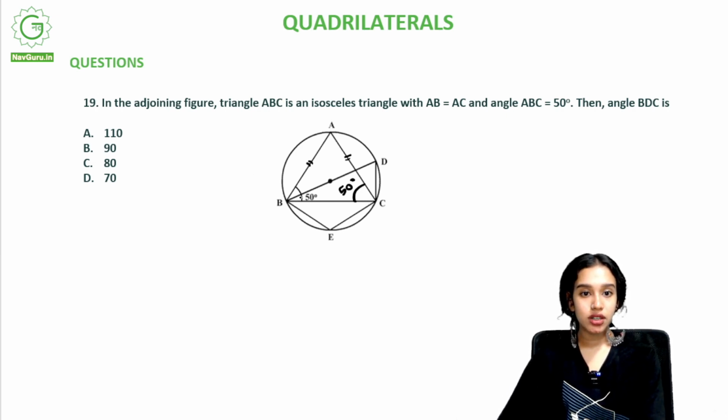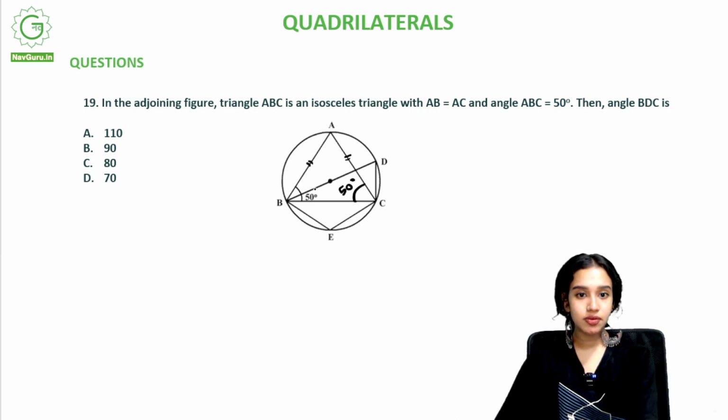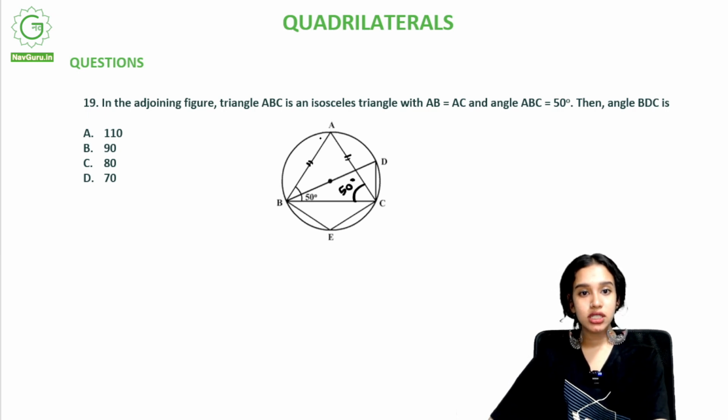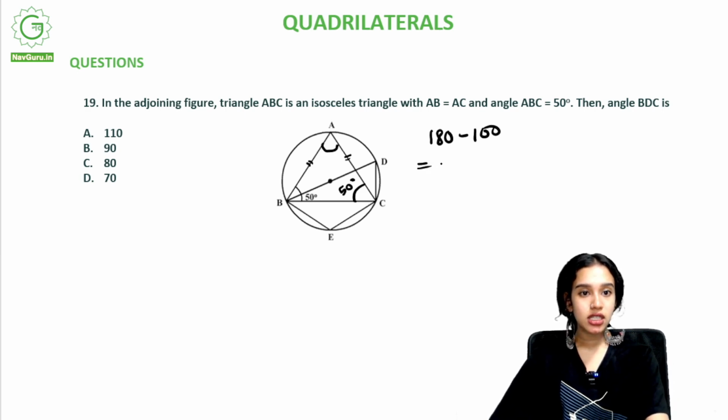So we have a chord, right? Now angle ABC, okay, we have BC here. Now what is this angle? This angle would be 180 minus 100, because 50 plus 50 is 100. This would be equal to 80 degrees, right? This is 80 degrees. The angle is subtended by the chord here.